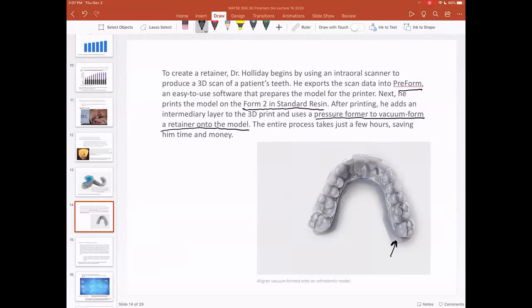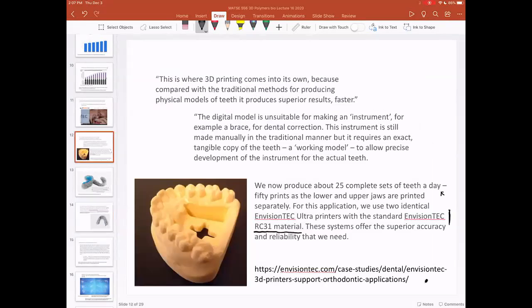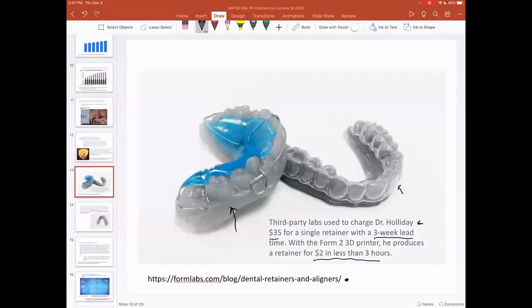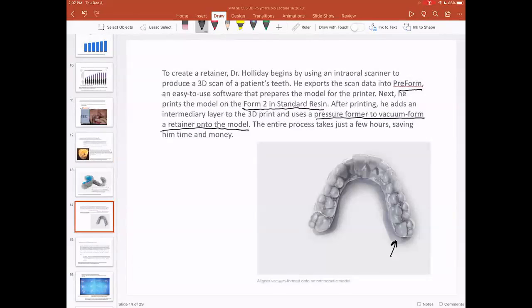So in this case, he's not printing the retainer, or the dental aligner. He's printing the model of the mouth in order to do the shaping of the retainer. So he's using a vacuum former over the model in order to get the dental appliance they're looking for.